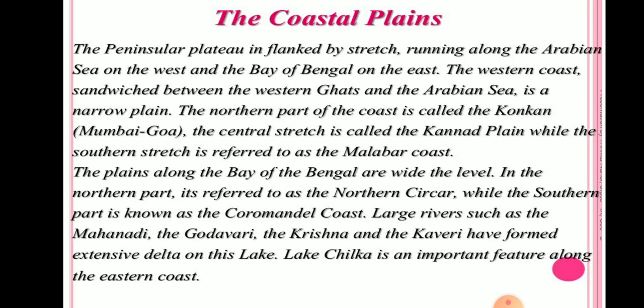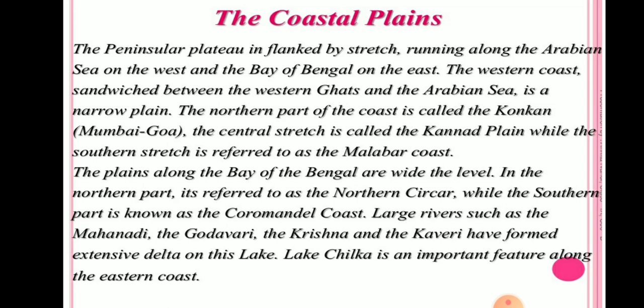Lake Chilika is an important feature along the eastern coast. So the coastal area is divided into two, and these are again divided into subdivisions. In the west we have three sections: Konkan, Kannada and Malabar. In the east we have two: Circars and Coromandel.